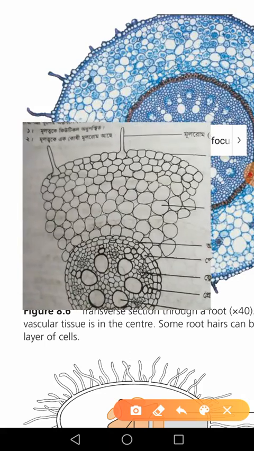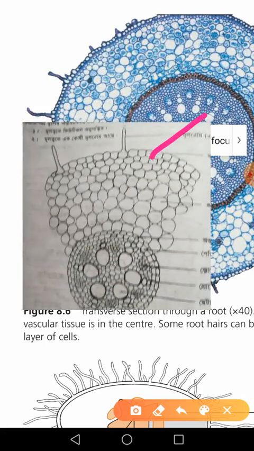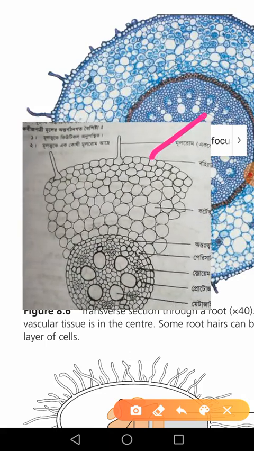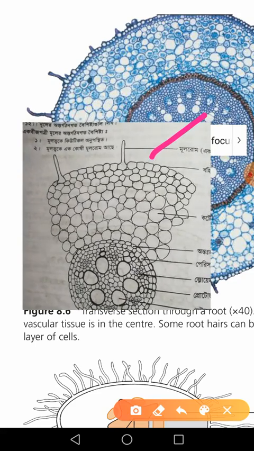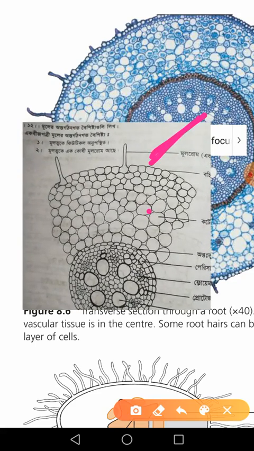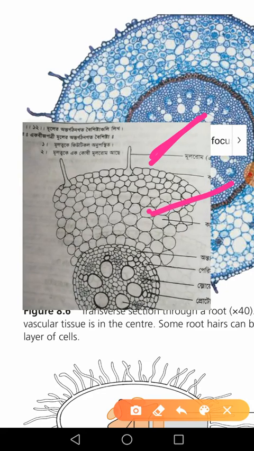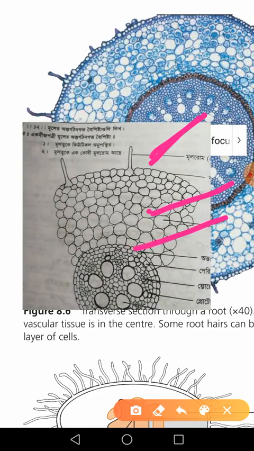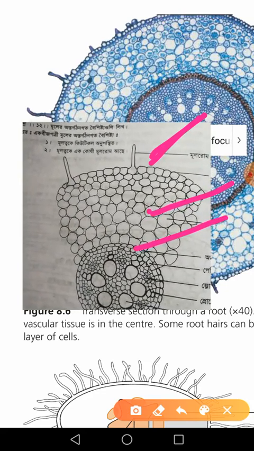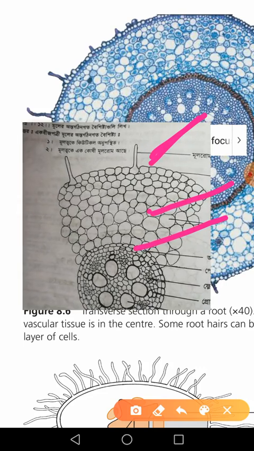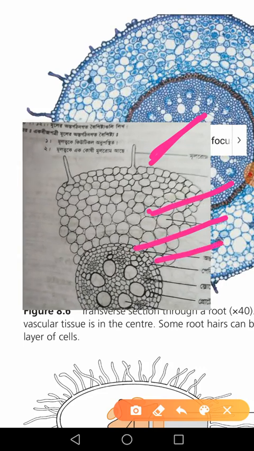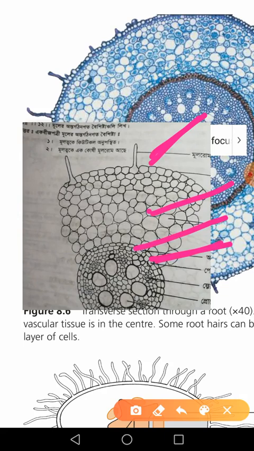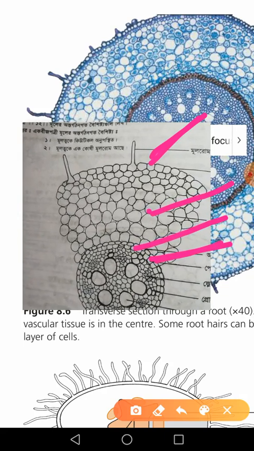Okay, so this is the cortex. This is the epidermis, this is the cortex, this is the endodermis, and this is then another layer which is like cortex but not actually cortex.